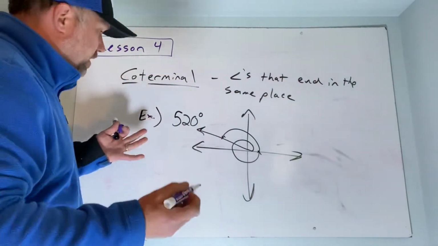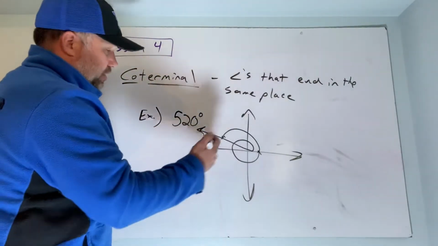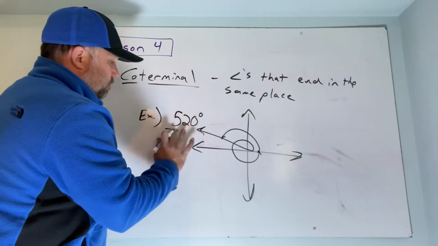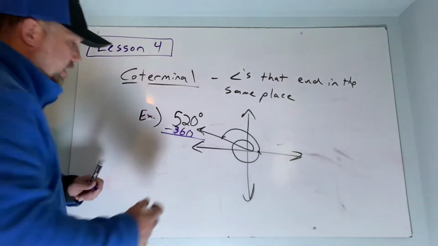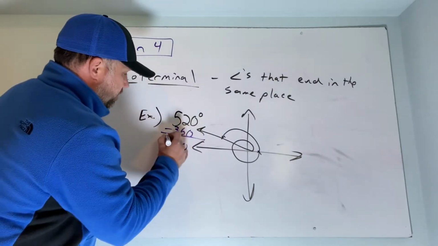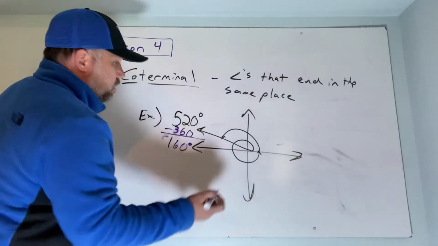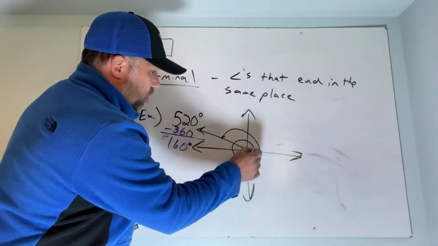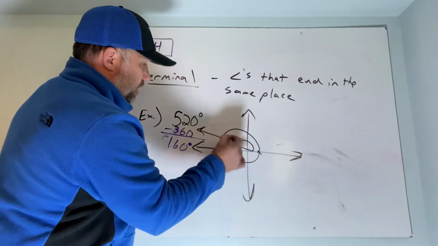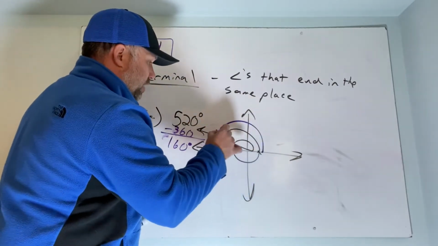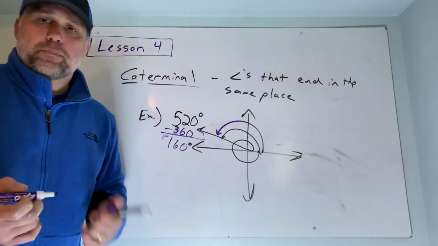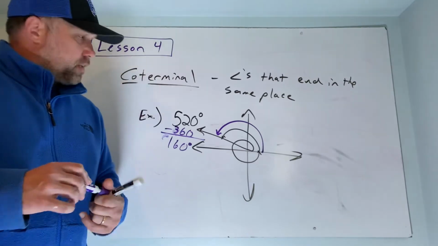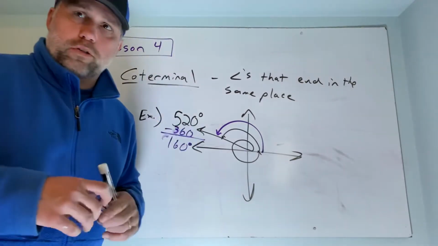Well, I can figure that out by instead of adding 360 this time, I can subtract 360 from 520, and I get 160 degrees. So that means that instead of going all the way around to 520, I could simply just go here and do 160 and be at the same spot. So everything's based off of 360. This is going to be helpful down the road for us.